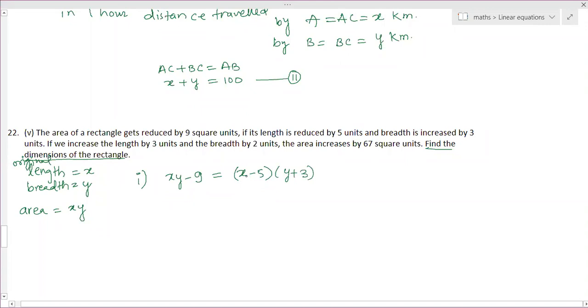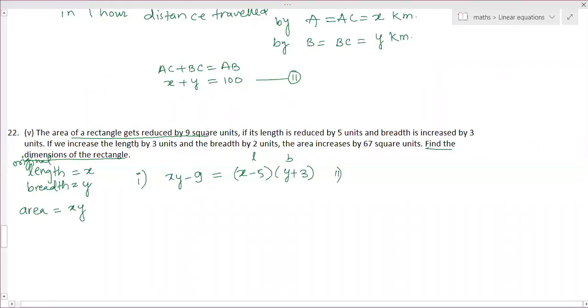This is length, this is breadth, and this is area. If the length is decreased by 5 and the breadth is increased by 3, the area is reduced by 9. So this is the new area, xy minus 9, because the area of the rectangle gets reduced by 9. So we have to simplify this. That is the first equation.